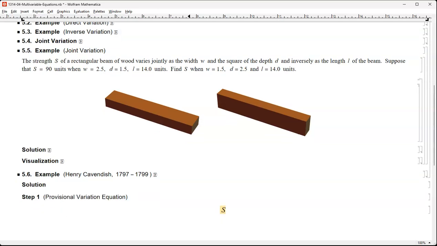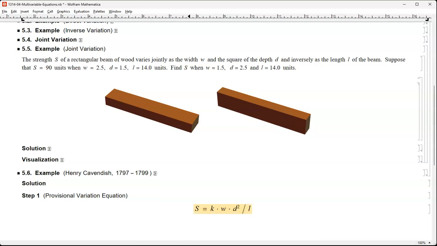How does it go? Strength is proportional to, yes, always we need a variation constant k. Without k, you don't get anything. And it varies with W and D squared, but inversely with L, like this.